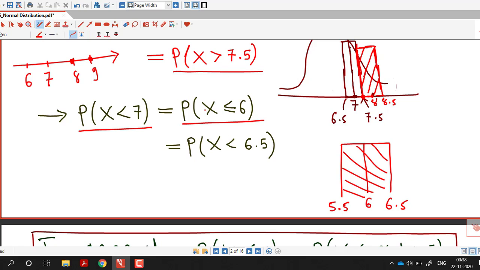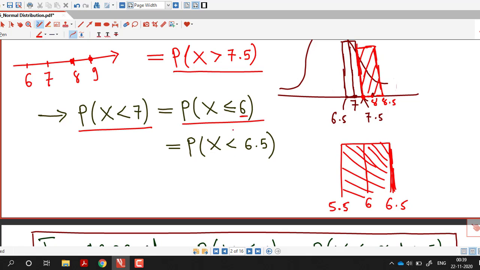Now I require the probability that capital X is less than or equal to 6. So I have to include X equal to 6. This rectangle is the area for capital X equal to 6. So if I want to include X equal to 6, I have to go up to 6.5, because this is the right boundary of this rectangle.